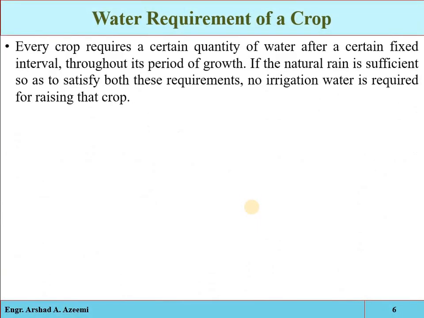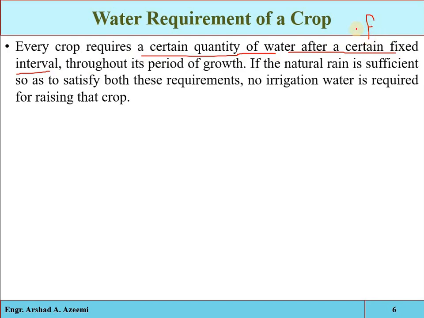Every crop requires a certain quantity of water after a certain fixed interval, which we have also discussed in the previous lecture, mostly in lecture number 3. For each and every crop we have to supply a sufficient amount of water at the right time at a fixed interval, which is also called the frequency of irrigation.